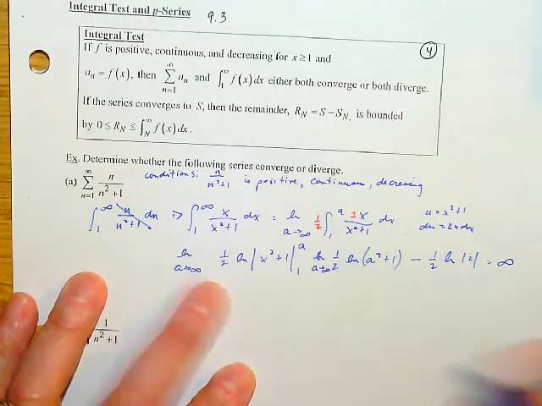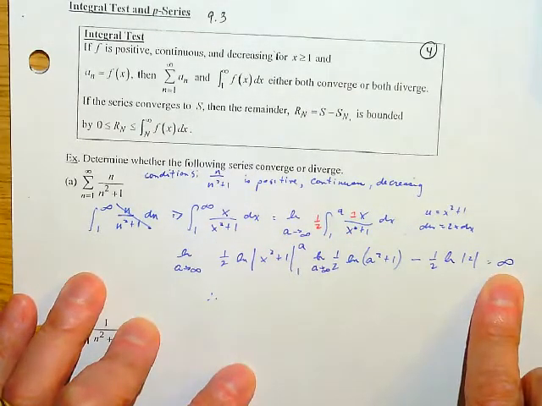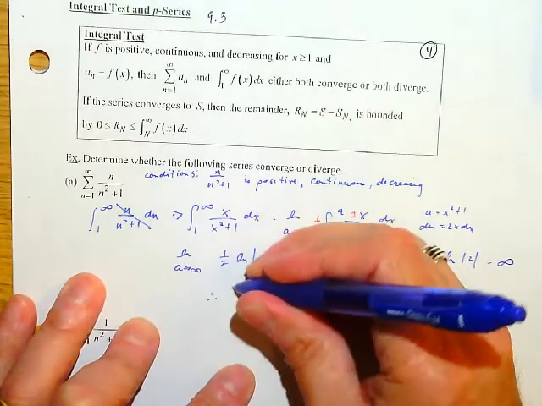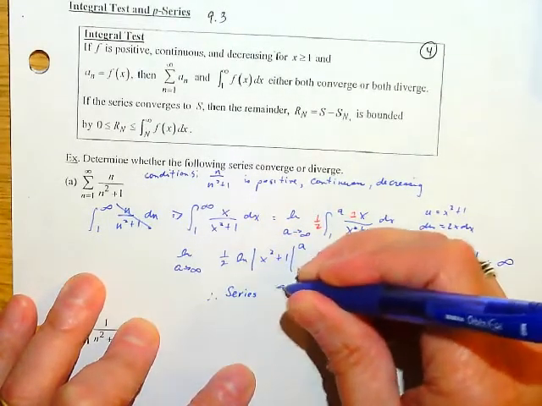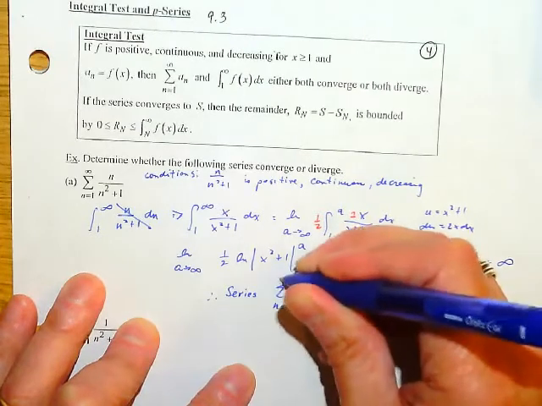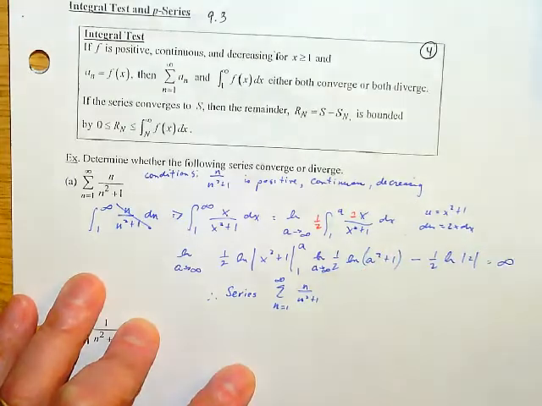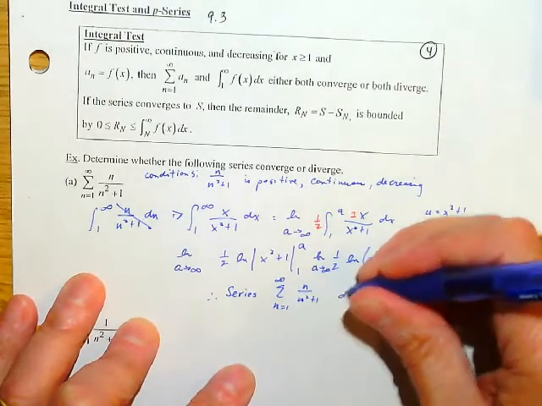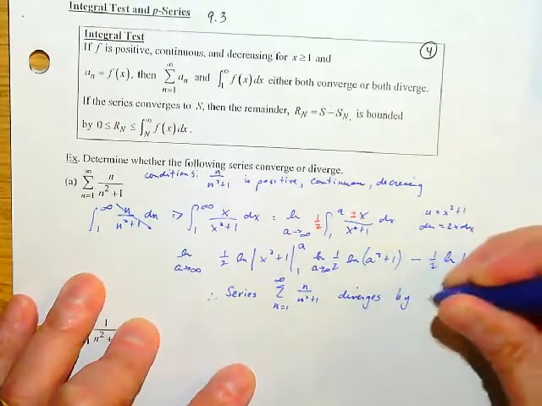Okay? Therefore, since the integral goes to infinity, the integral diverges, therefore we're going to say that the series, and here our series is that sum term, n equals 1 to infinity, n over n squared plus 1, also diverges by the integral test.